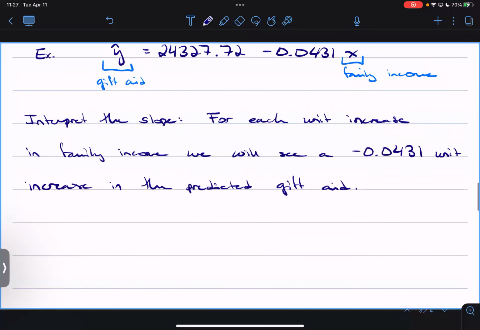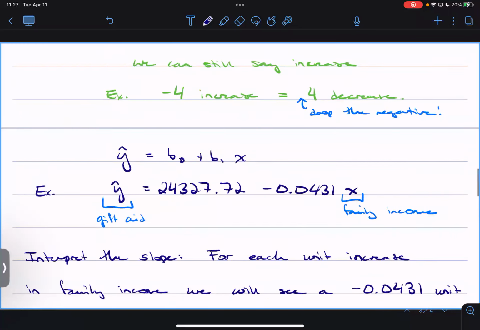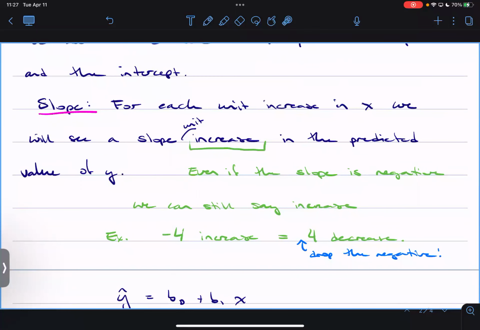But notice how I just took the general interpretation, right? For each unit increase in X, for each unit increase in family income, we will see a negative 0.0431 unit increase in the predicted value of gift aid, or the predicted gift aid.